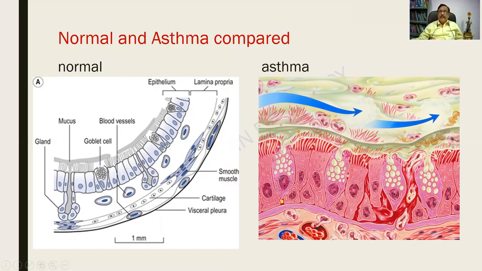Also here I am finding a blood vessel from which the inflammatory cells are getting released. We call it the process of diapedesis in inflammation. So look at the difference between this and this. Abundant mucus, an increase in the goblet cells with secretions, the entry of the inflammatory cells, and blood vessels with release of the inflammatory cells.